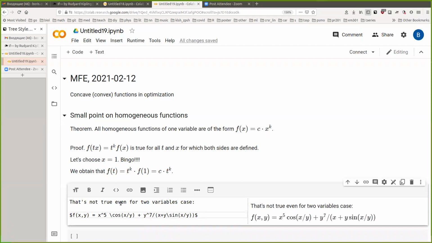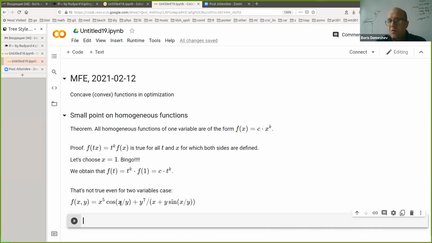I'm sorry, can I ask one question? Yes, yes, that's the main difference between me and a book by Rangarajan Sundaram or any else. So the theorem says that f(x) can be presented in the following way. So it's a constant multiplied by x to the power of k.